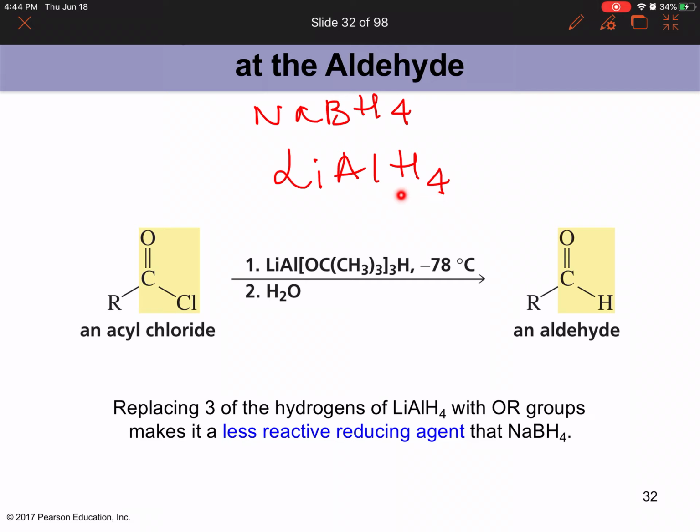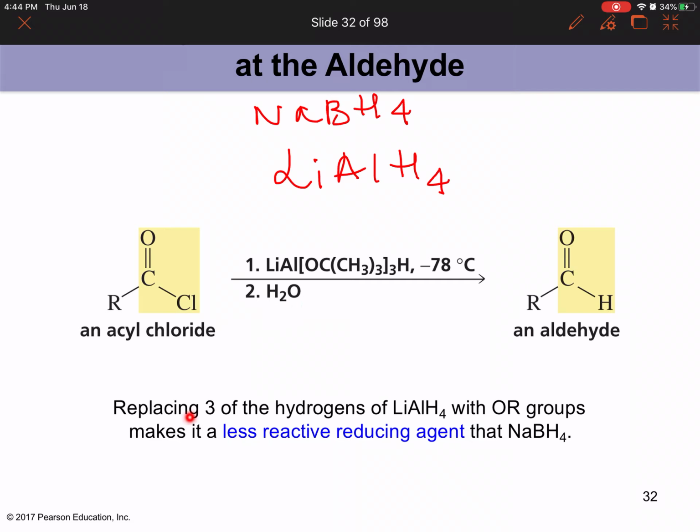But if you reduce the amount of hydrogen, you replace those hydrogens with some alkoxy groups and keep only one hydrogen. And you carry out the reaction at a very, very low temperature, negative 78 degrees Celsius. At that point, you can stop the acyl chloride reduction at the aldehyde level.